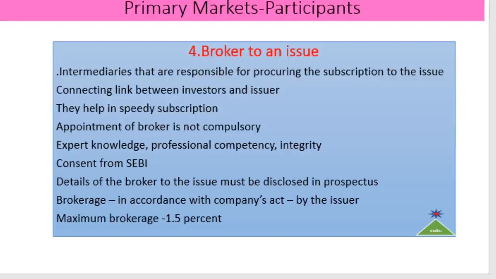They must get a consent from the stock exchange to act for the issuing company. And if there are brokers, their name and address, or the details of the broker to the issue, must be disclosed in the prospectus. Even though it is not compulsory, if there is a broker to an issue, the details must be disclosed in the prospectus.